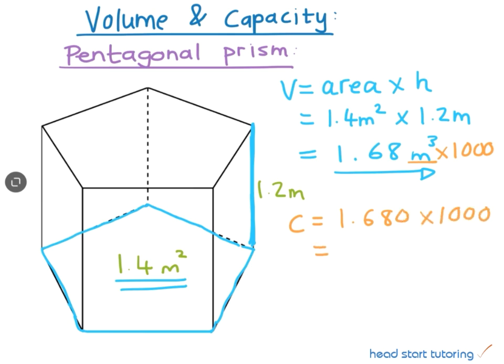We move our decimal point 1, 2, 3 places to the right because we are multiplying by 1000, which has 3 zeros, and that gives us an answer of 1,680 liters. So this pentagonal prism will be able to hold 1,680 liters of liquid or water.